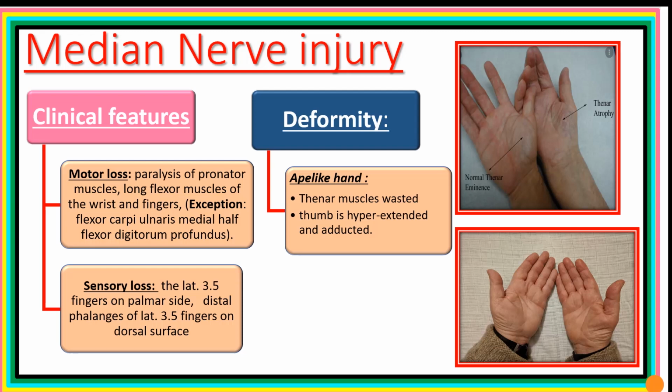One is the loss of all these muscles we've noted, as we can see them here. We'll also see sensory loss in those three areas of median nerve innervation in the hand, as we can also summarize here. And we'll see this characteristic deformity of the ape-like hand.